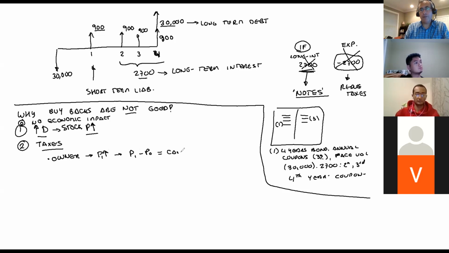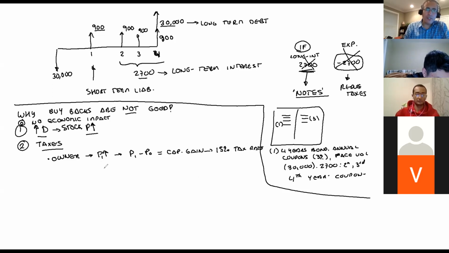Do you agree? Yes. And capital gains are taxed at the capital gain rate, which is more or less a 15% tax rate. So if I don't have capital gains, it doesn't matter.